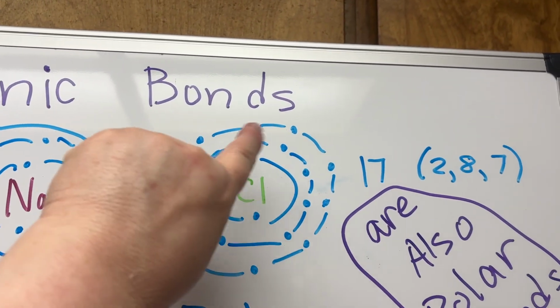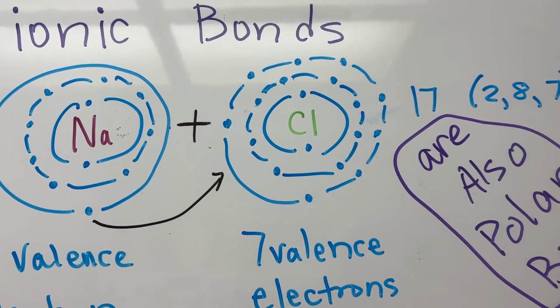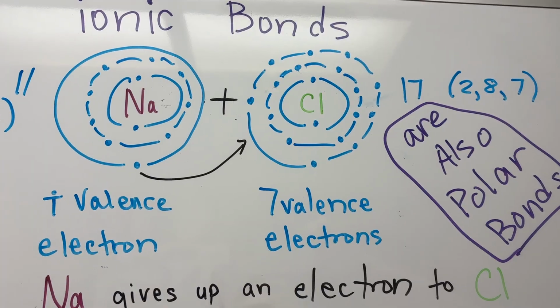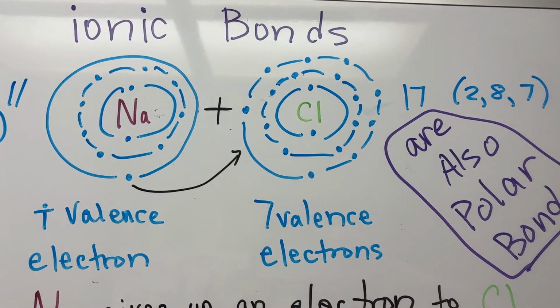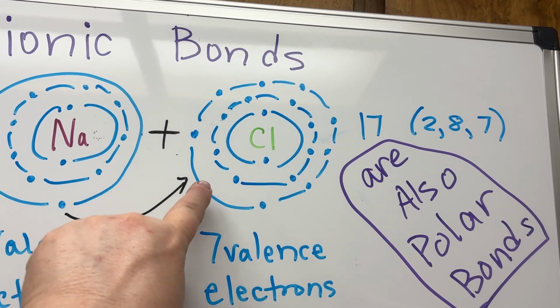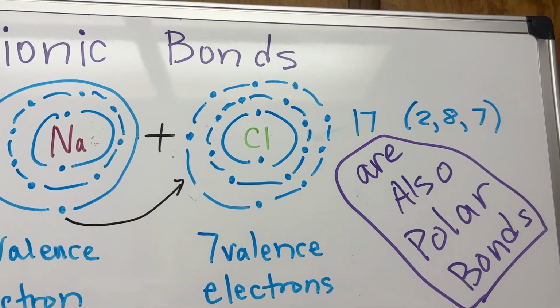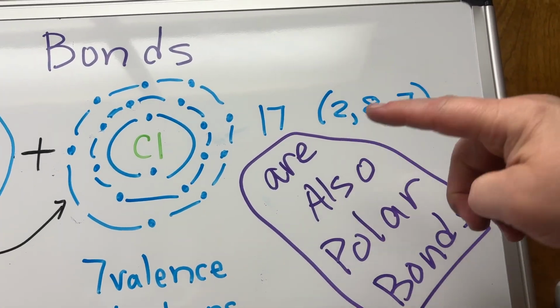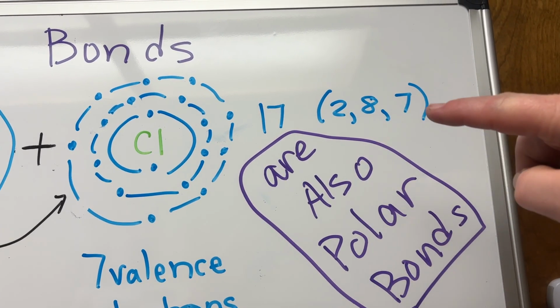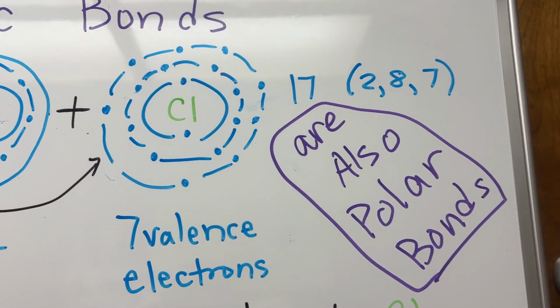The next shell is full with 8 electrons, leaving 7 electrons in the valence shell, the outer shell. But it is really not full until it reaches 8. So you have 2 inner shell electrons, 8 next shell electrons, 7 valence shell electrons.